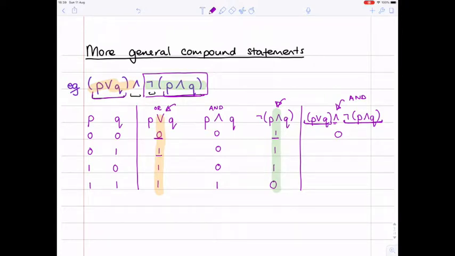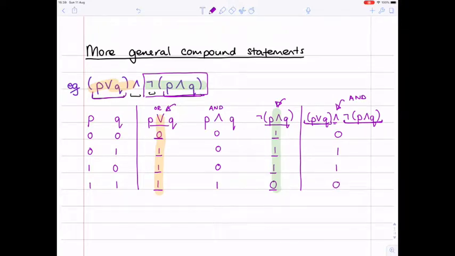When both are true, then our statement and other statement is true. In our third line, we have true and true, so combining with and, we get true. And then in our final line, P or Q is true, but not P and Q is false, so combining them with and, we get false.